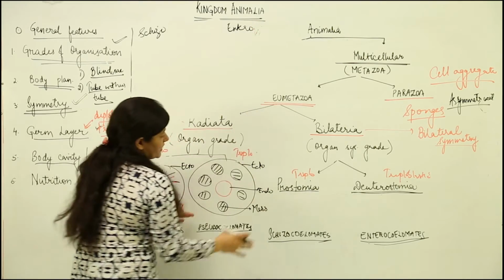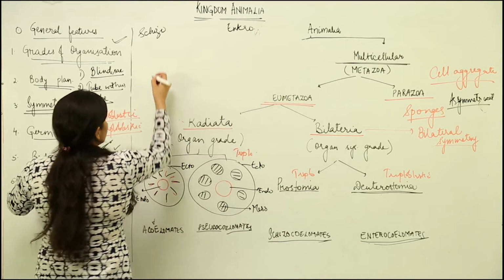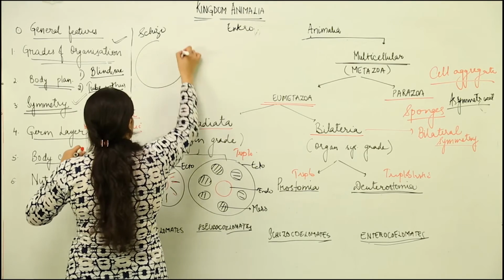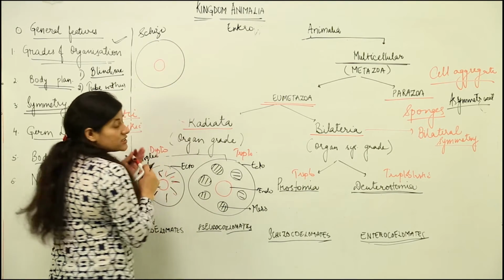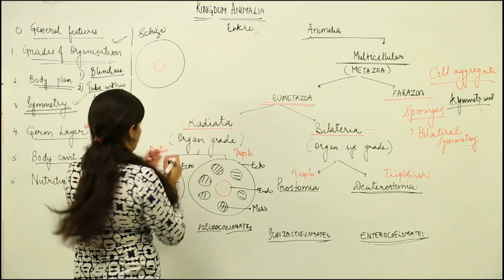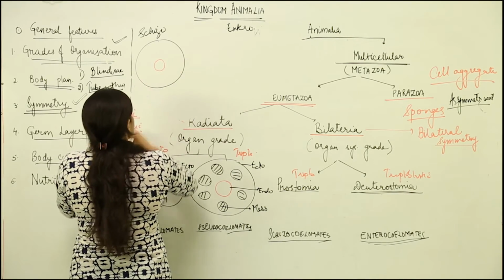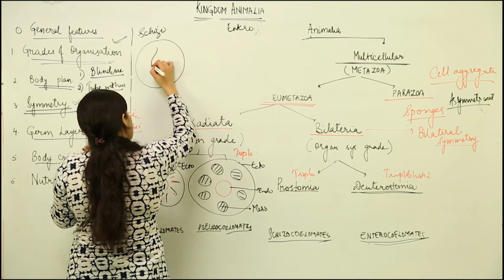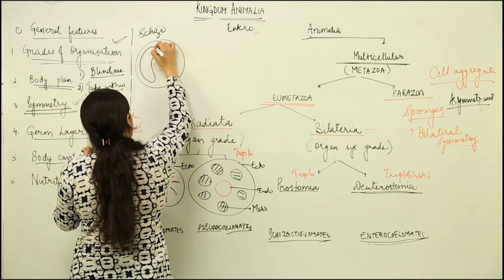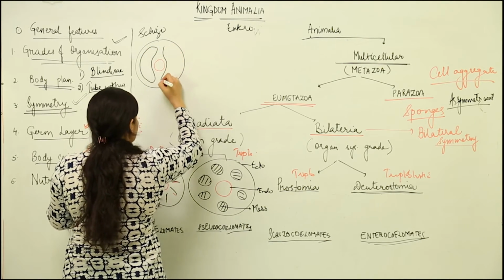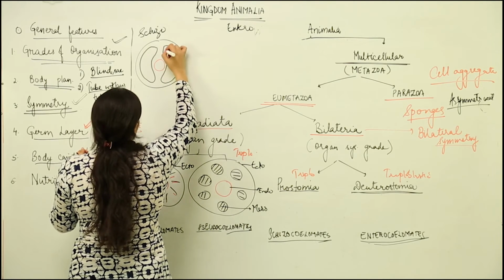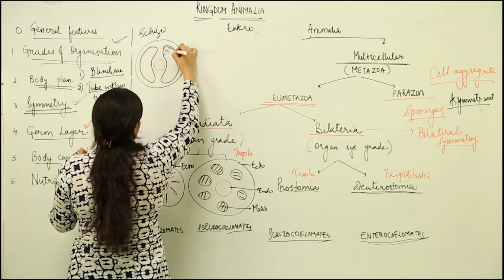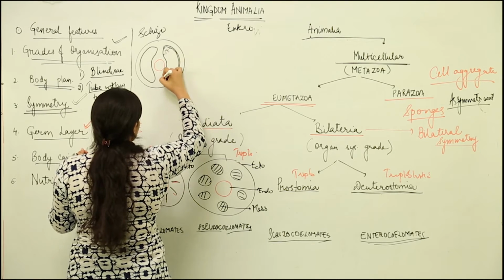In schizocoelom, supposedly this is ectoderm, here lies the endoderm, and there lies the splitting of mesodermal pouches. The splitting takes place in such a way that there are two lateral pouches. So this is the mesoderm, and inside lies the cavity. This is the mesoderm which is surrounding the coelom.